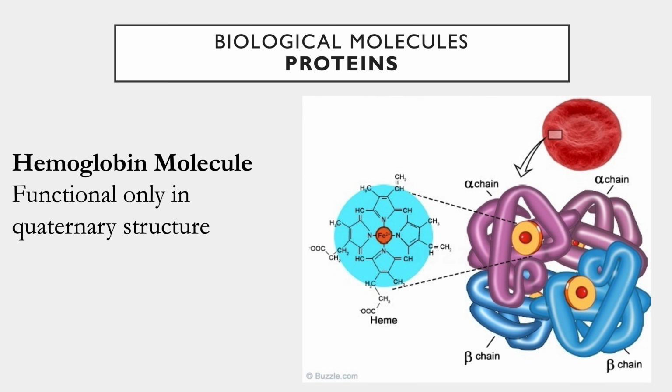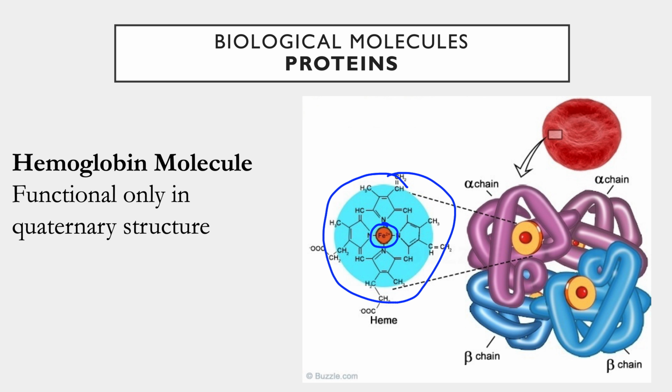Now, hemoglobin is a protein complex. It has 4 different tertiary protein folded chains, each of which has bonded to what we call a heme group. And the heme group is this large structure that you see here that has an iron 2+ atom within it.